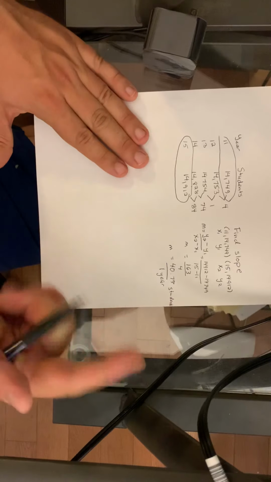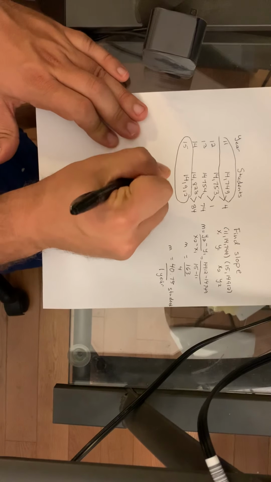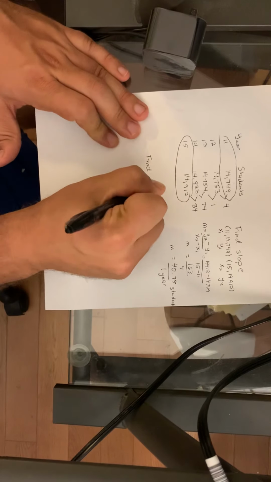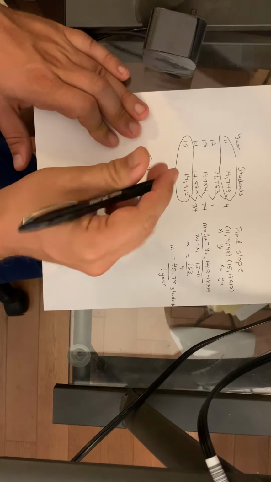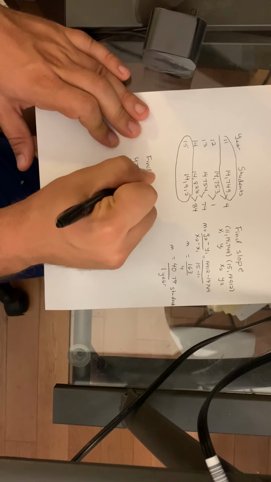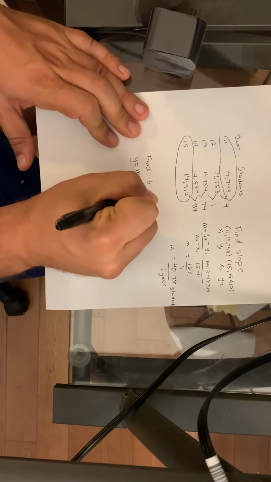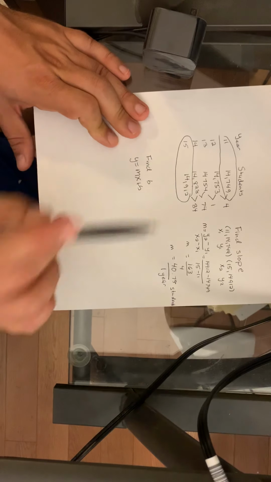So now that we found the slope, our second step here is to find the y-intercept, or b. So what we do there is just write the general form of slope-intercept form, so y equals mx plus b. And then I'm going to substitute in our last value.